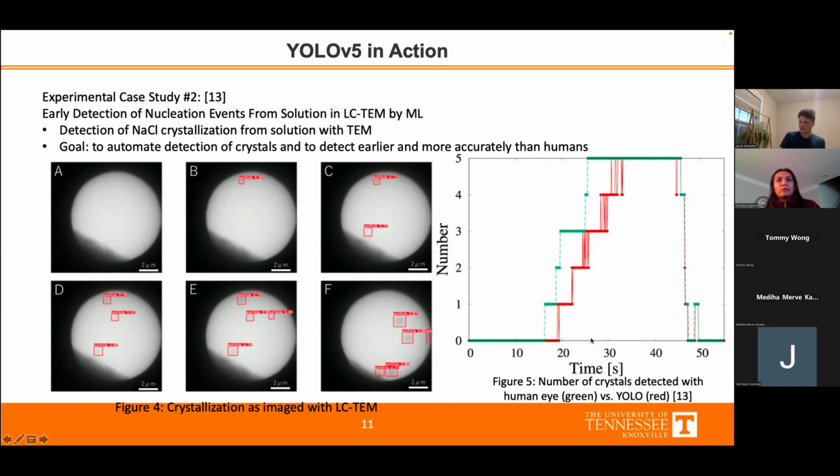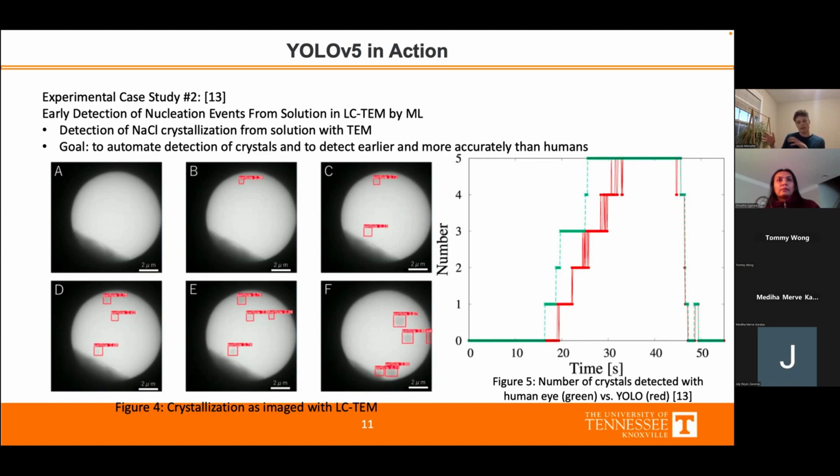As we can see, YOLO V5S still has a very high degree of accuracy, although it takes a bit longer to identify the crystals in terms of the experimental time. In terms of real time, YOLO V5S is obviously much faster than a human going through frame by frame to try to identify crystals that are forming.